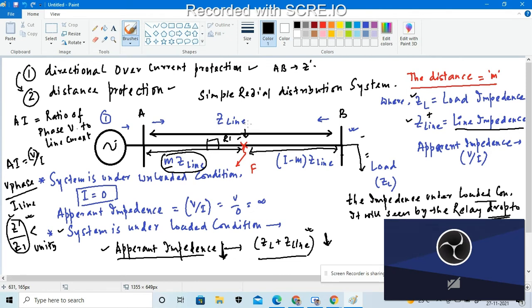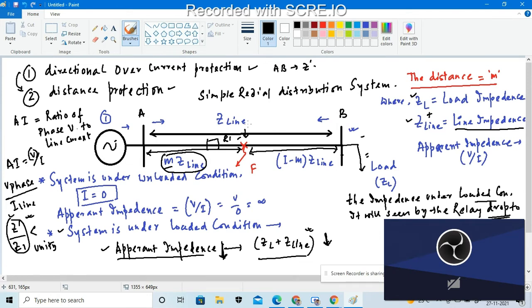Why? Because the impedance is a complex number. Obviously, because the positive sequence, negative sequence and zero sequence are implemented in the impedance, we always know that the impedance is a complex number.